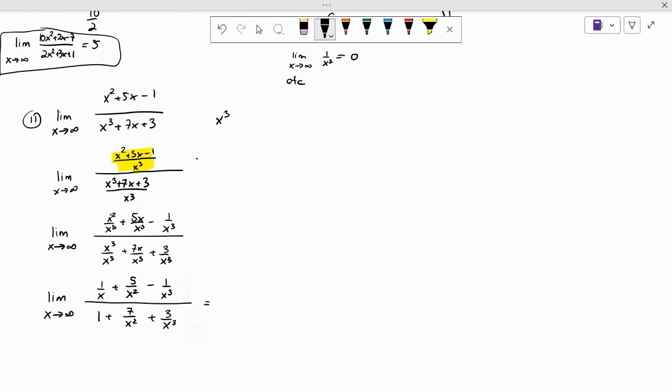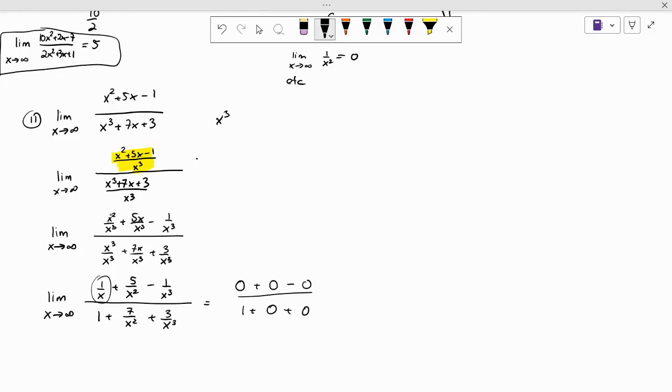So let's go term by term. The 1 over x as x goes to infinity goes where? A finite number divided by something arbitrarily large. Is it the same thing for x squared? 0, that's right. And on the bottom, 1 is a constant, so it remains itself.